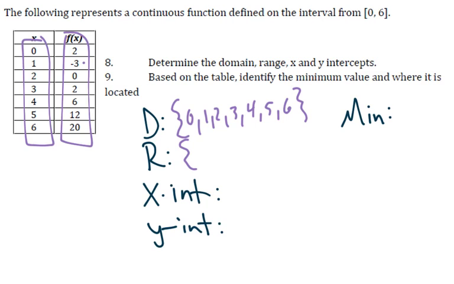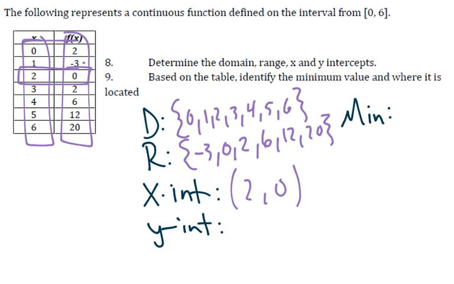So -3, 0, 2, 6, 12, and 20. X-intercept, where does y equal 0? That's our x-intercept, 2, 0. Y-intercept, where x equals 0, 0, 2. And our minimum, what's our lowest value? Well, -3, so at 1, -3.